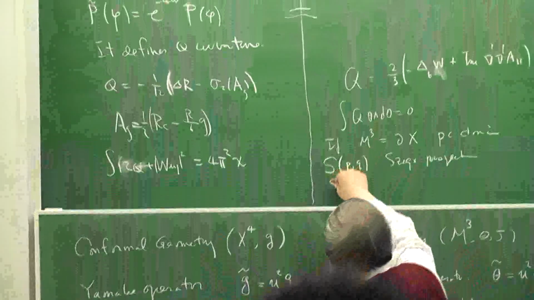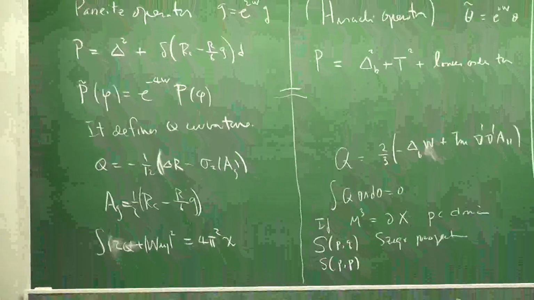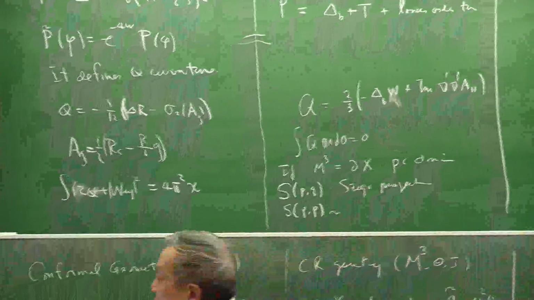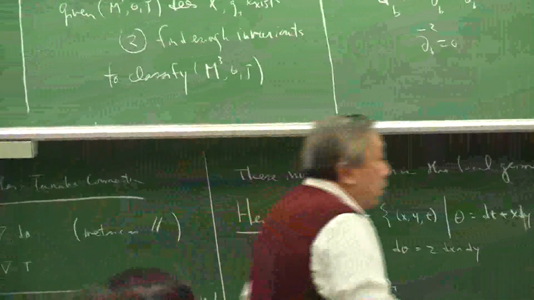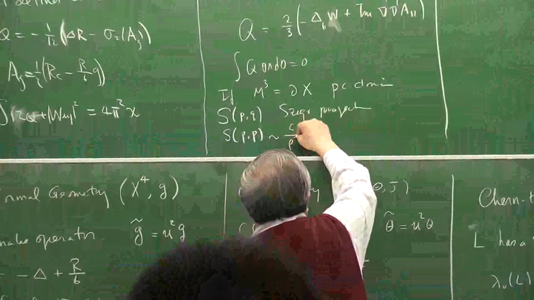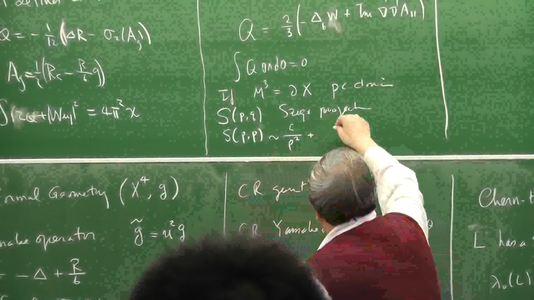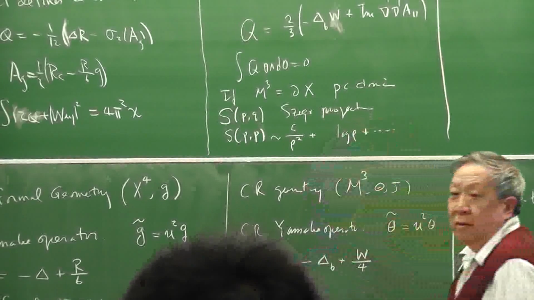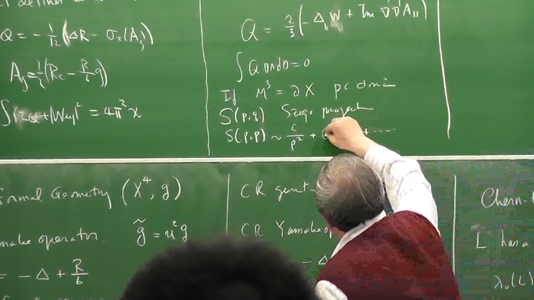So you take S(p,p) and you look at the kernel on the diagonal. And then it's asymptotic to, well, let's see, I have the defining function rho. So it's asymptotic to a constant over rho squared, and then plus maybe a log term, log rho, and then a smooth part.